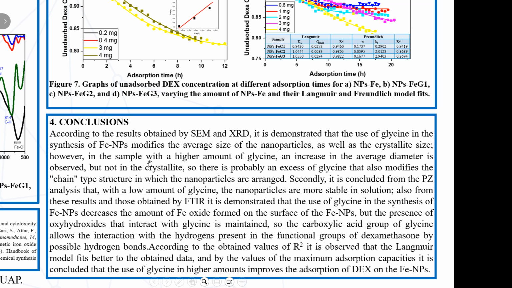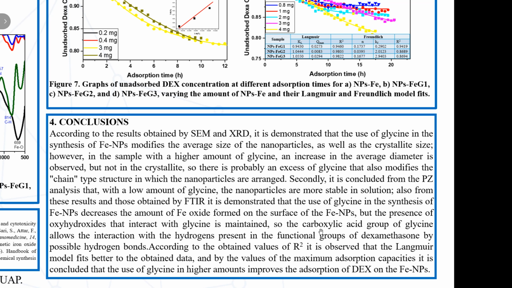However, in the sample with the highest amount of glycine, an increase in the average diameter is observed, but not in the crystalline size. So there is probably an excess of glycine that also modifies the chain-type structure in which the nanoparticles are arranged.